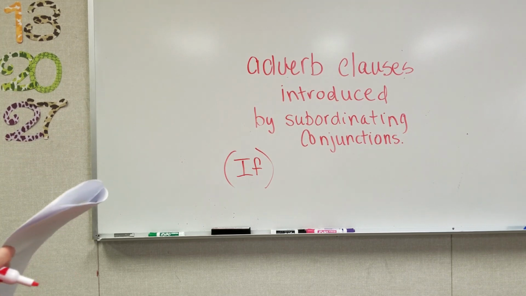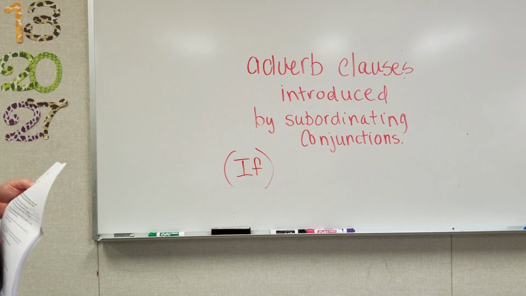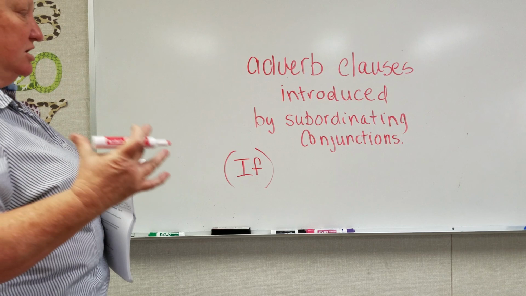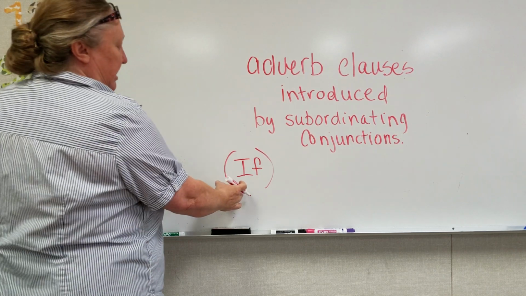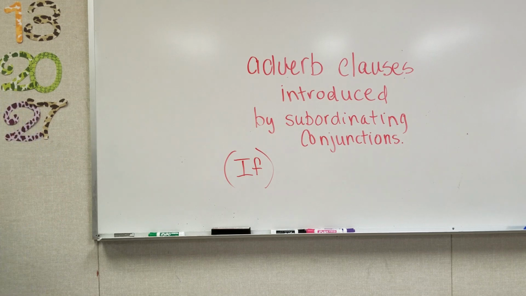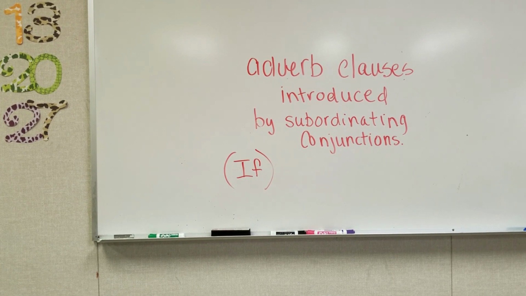That was an adverb clause. The adverb clause began with what is called a subordinating conjunction. In this case, it was if. There's quite a list of them. It doesn't appear that you have to know them for this test. You just need to know that subordinating conjunctions introduce adverb clauses.